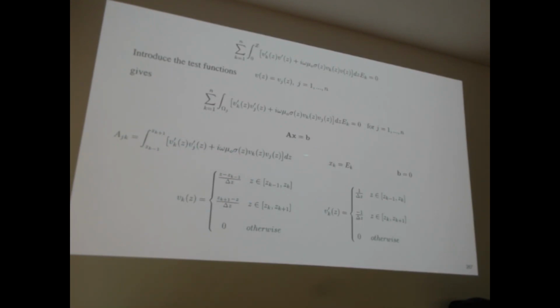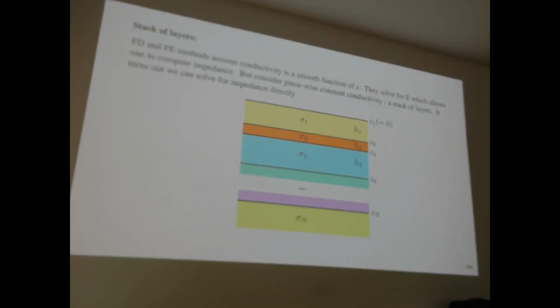And it's complicated, but you can write everything out in terms of these analytical derivatives of the tent functions. So nobody solves the one-dimensional model with finite elements and finite differences, but you'll see that when you come to 2D and 3D, you have to do that. What everybody does for the one-dimensional models is the stack of layers.